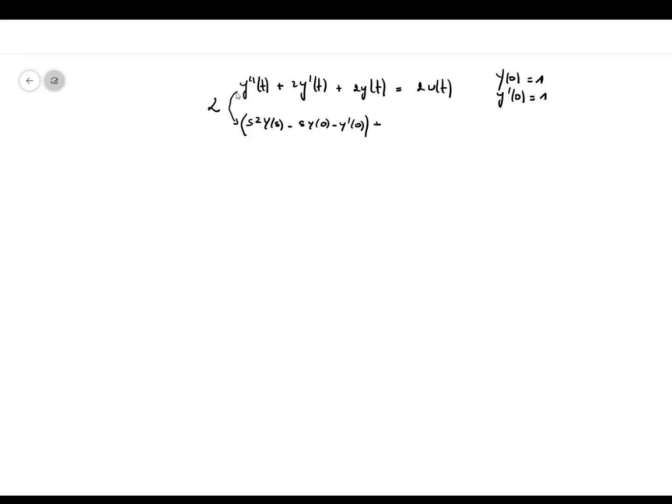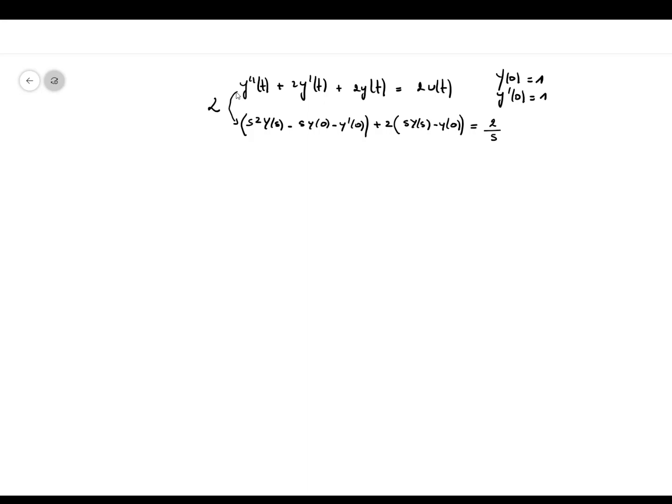And we have 2 times, and there also put parentheses, s Y(s) minus y(0). We close the parentheses, and here we have, well, 2 times the Laplace transform of a step, and that we know is 1 over s. So this is what we obtain. The reason why it's better to put the parentheses is because 2 also multiplies this one over here, and at the time of the exam I very often see mistakes. Parentheses are not written and this one does not get multiplied by 2, which leads to a mistake, of course.